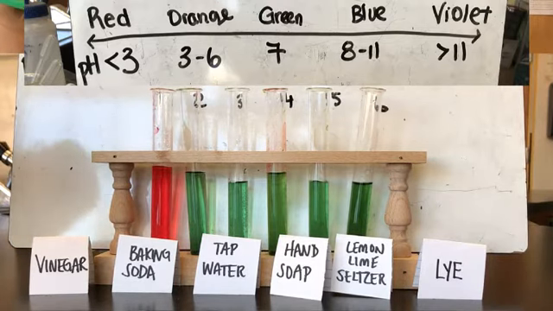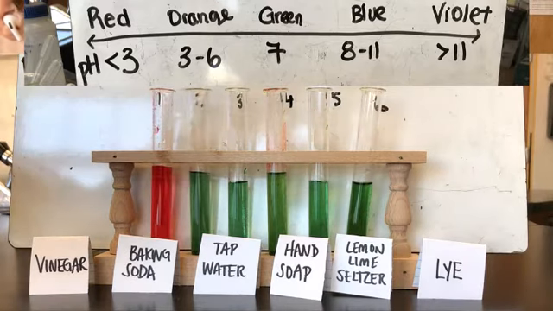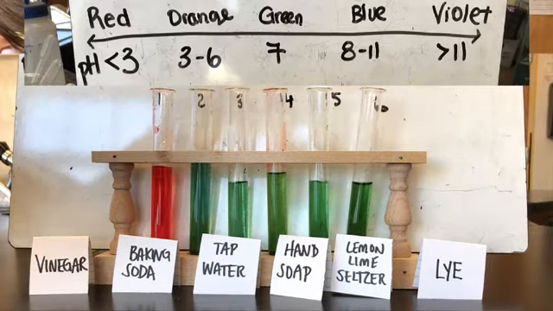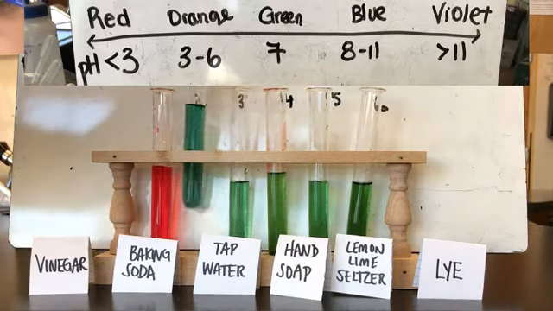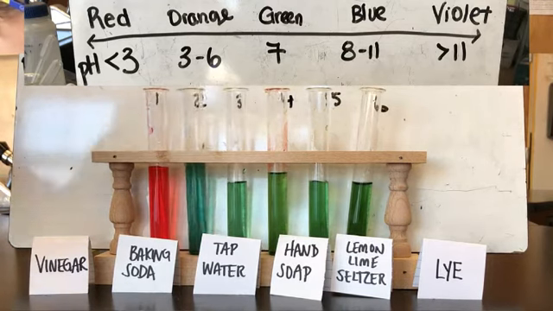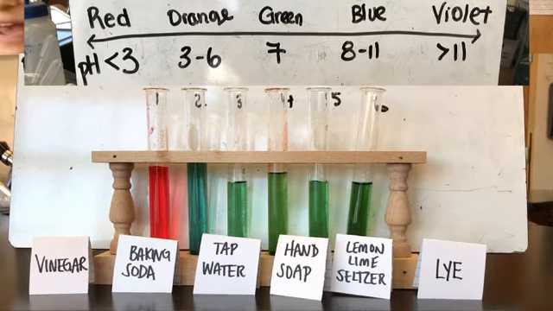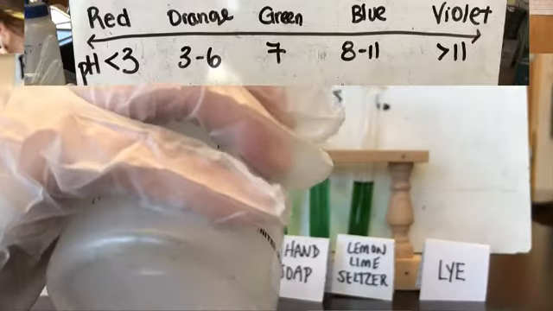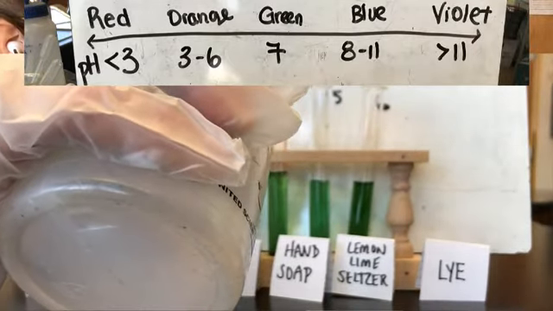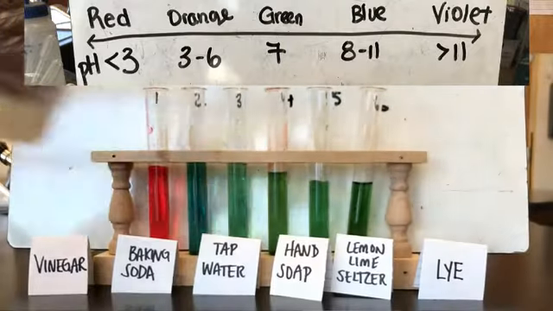I'm going to rearrange these substances based on their pH once we're done. There's baking soda. Give it a moment to look for some change. For tap water, I'm just going to add a little bit of additional tap water because each test tube already contains tap water, but as a control, let's make sure we're adding some more. So there's tap water.